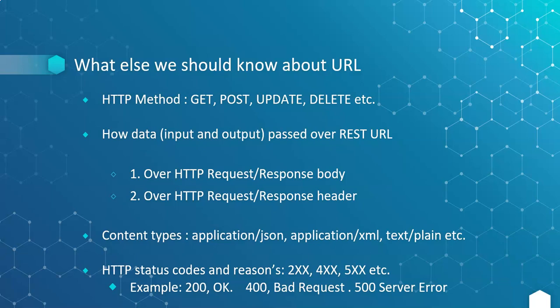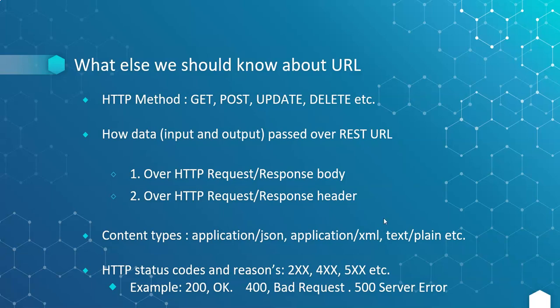While responding back over the response, in a similar way to how we send headers, query params, URI params through the request header, we will respond back HTTP status codes and reasons. Those are 200 OK, 400. There are a lot of status codes we have for REST services.